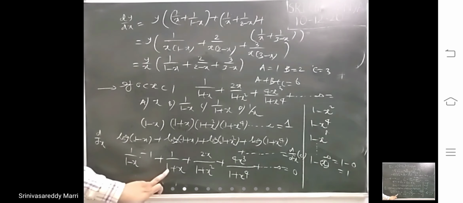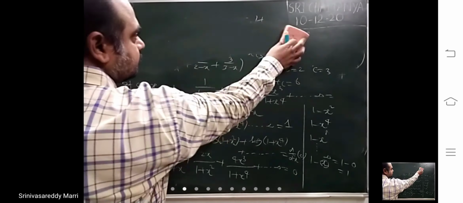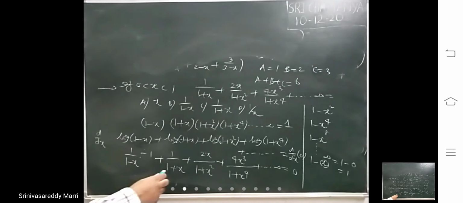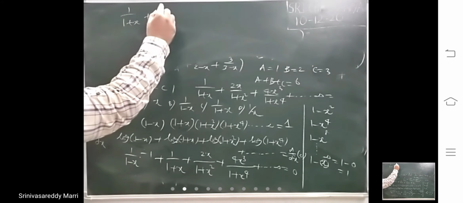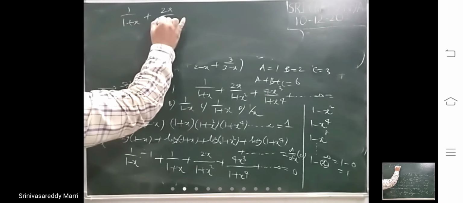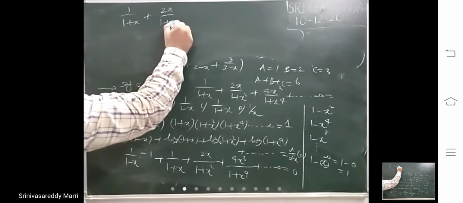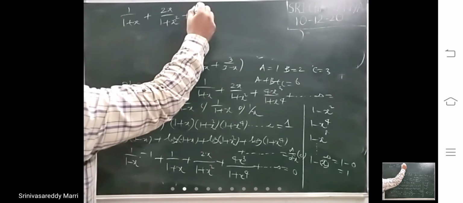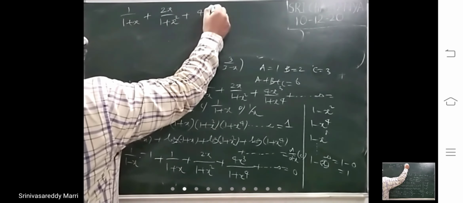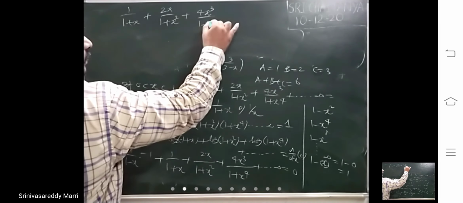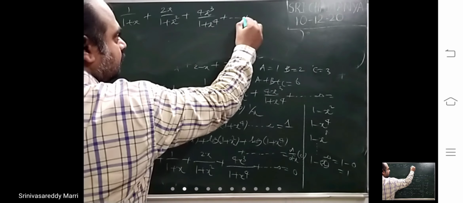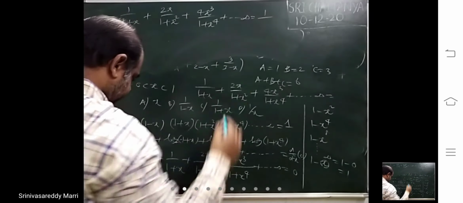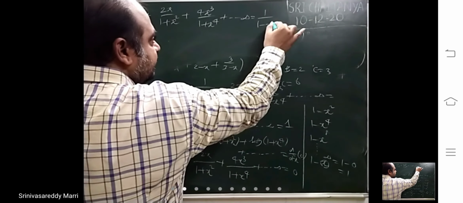D by dx of 0 is what? 0. So he is asking 1 by 1 plus x. He is asking from here. One by 1 minus x.